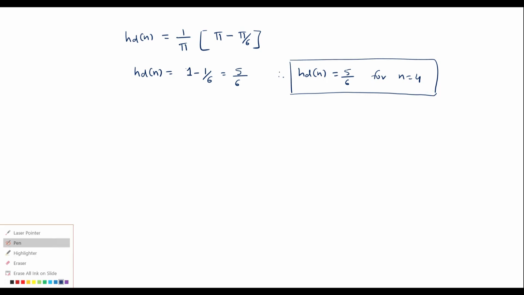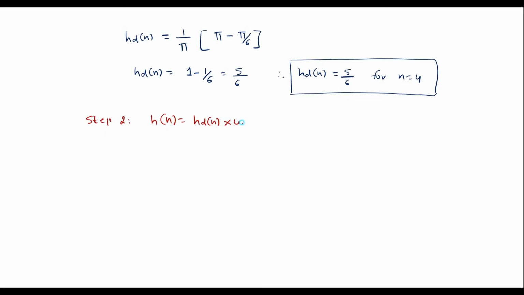Now the next step, step 2: we are supposed to find the impulse response, that is h of n is equal to hd of n into wr of n. Here wr of n is the rectangular window.